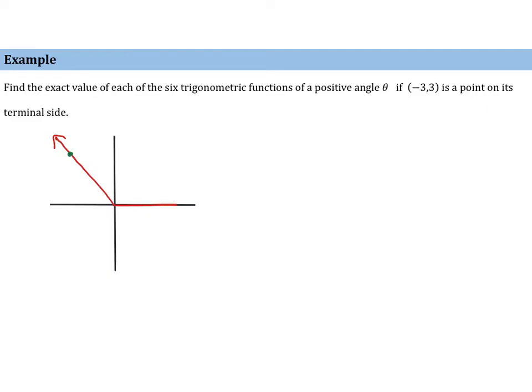So there's our point, (-3, 3). So let's go ahead and find R. R equals the square root of A squared plus B squared. So that will be the square root of the square of -3 plus 3 squared, which is the square root of 18, which is 3 square roots of 2.